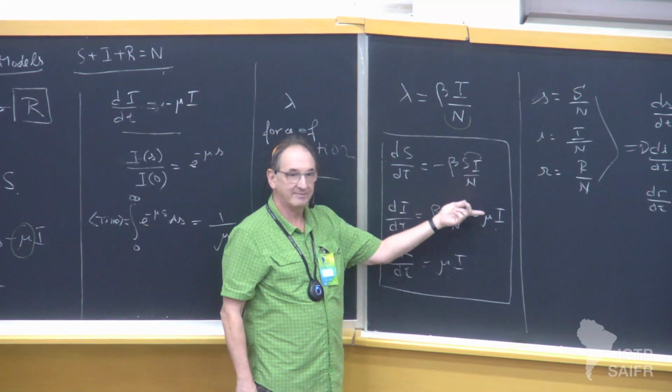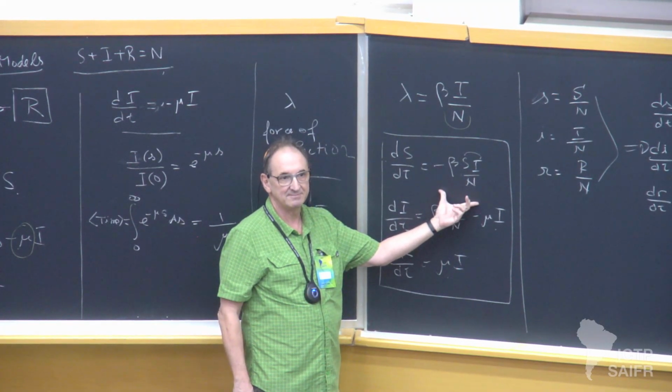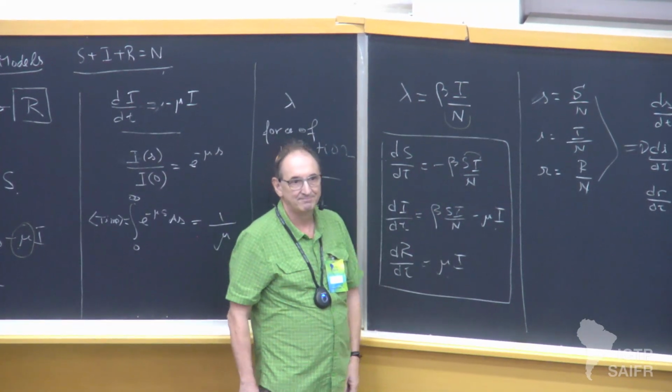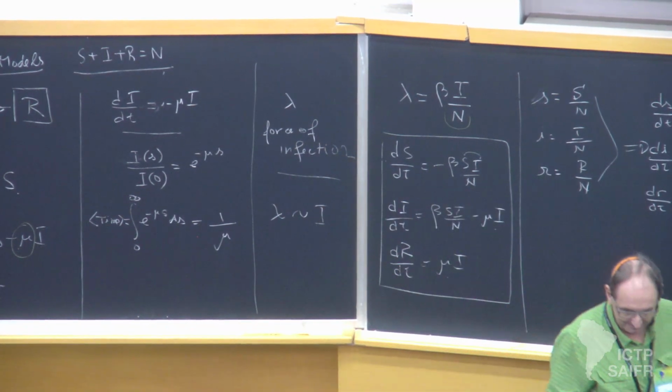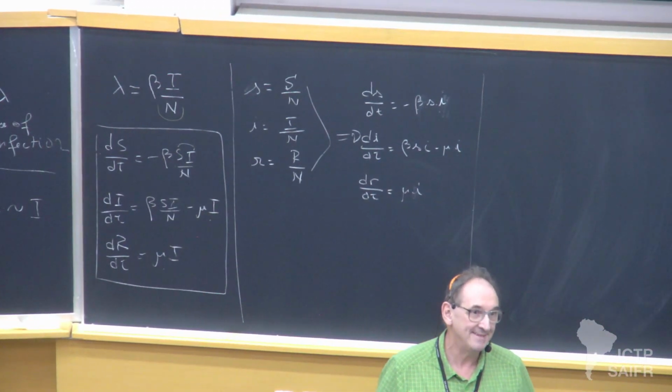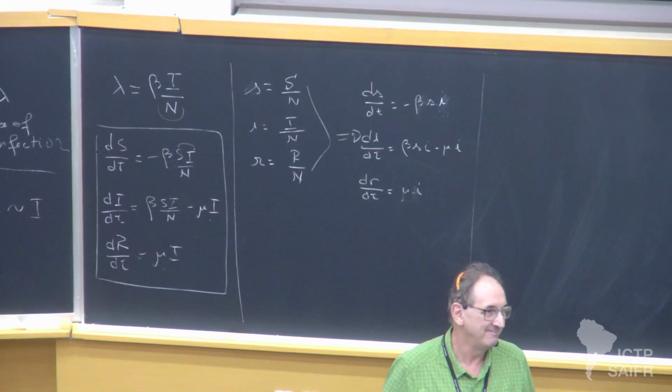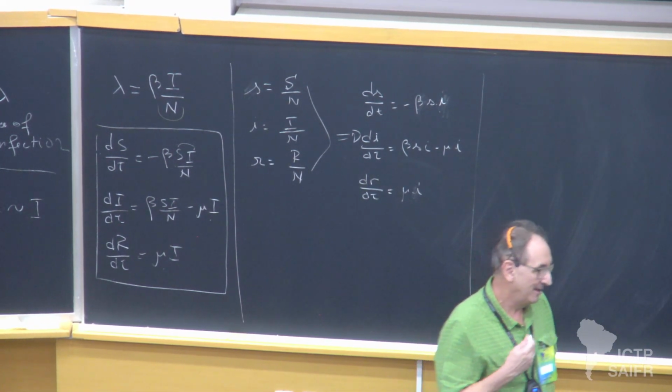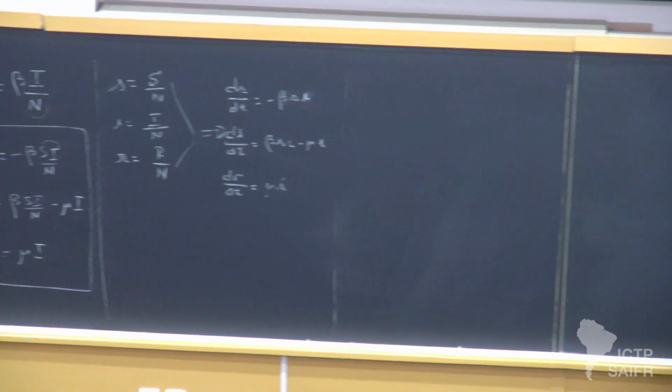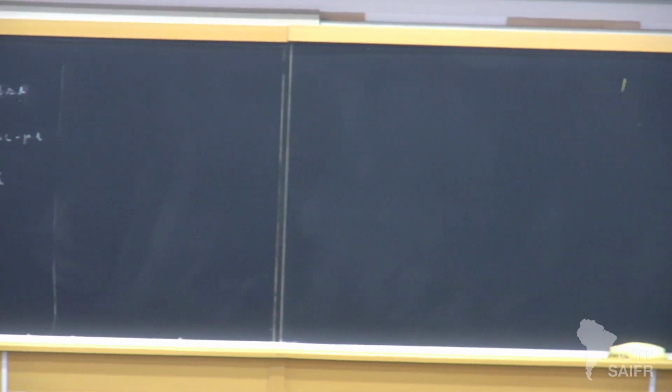Beta S I over N. This is the number of new infections, okay, per day. Right? So you can get S times I times beta divided by N, which, you see, will pose a big, big problem, actually.